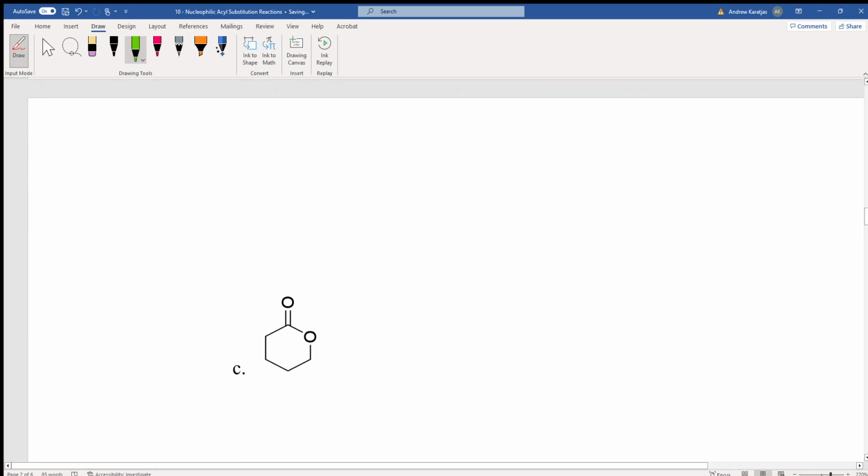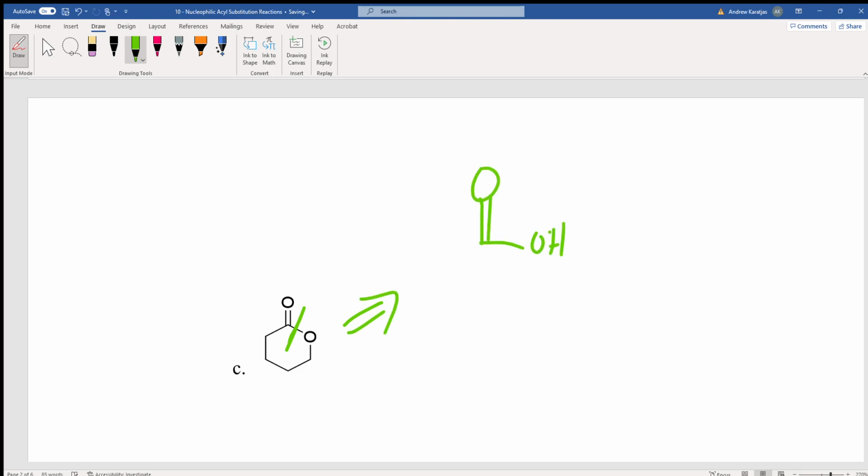And part C, very much like a couple of the examples we did previously, when we break it here, it's still going to be a single compound, but it'll end up as an acyclic starting material.